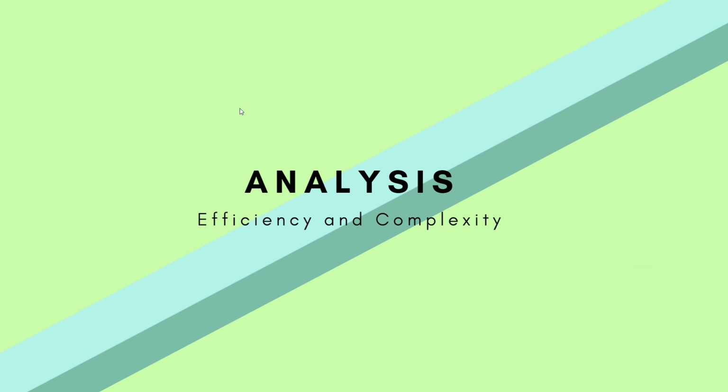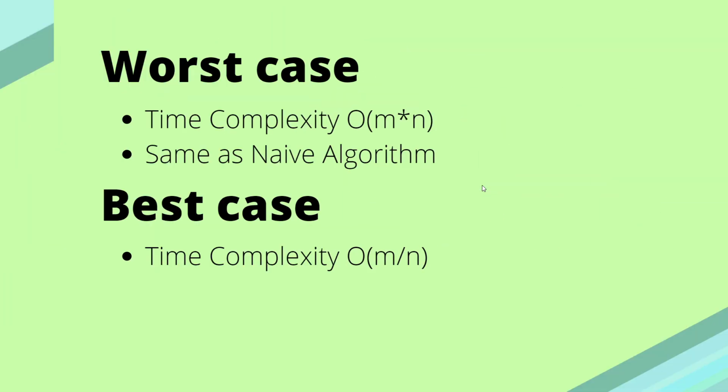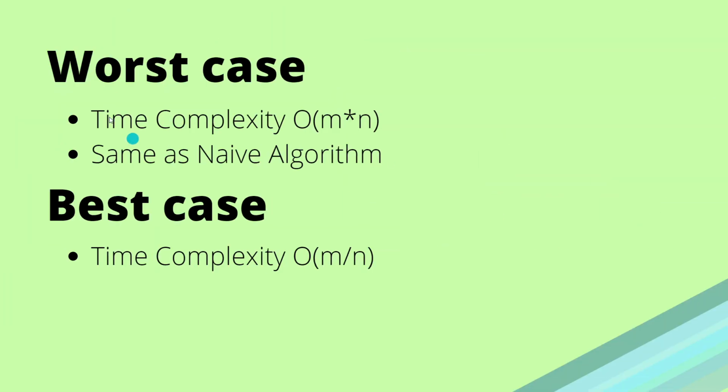Now we can analyze the efficiency and complexity of this algorithm. For the worst case scenario, this algorithm has a time complexity of O of m multiplied by n. This time complexity is the same as the one produced by the naive algorithm, which is one of the most basic algorithms for string matching. And for the best case scenario, we have a time complexity of O of m by n.